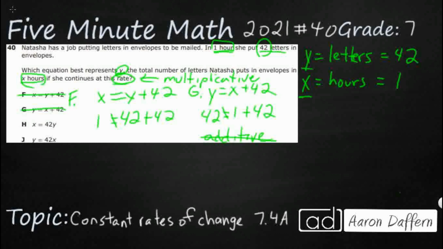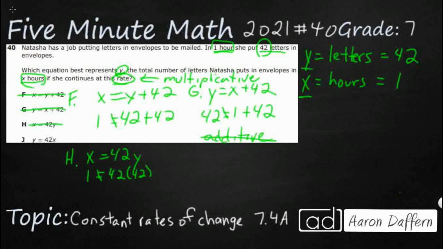So let's look at H and J. H is going to be x equals 42 times y. So our x is 1, and 42 times y is 42. Well, I don't know what 42 times 42 is, but I can tell you it is not 1. So H is not going to work.